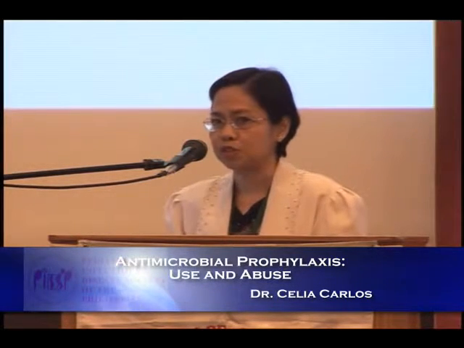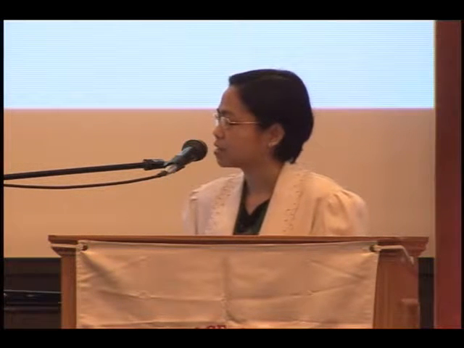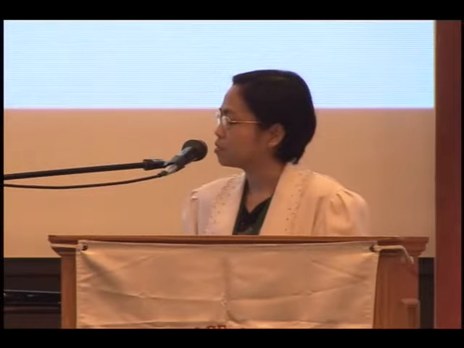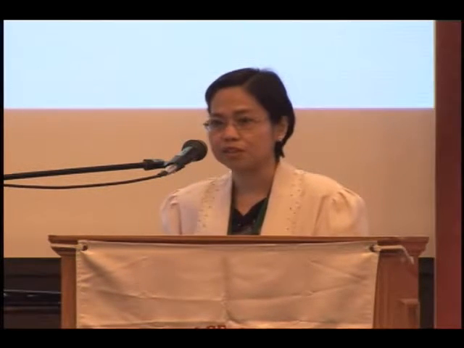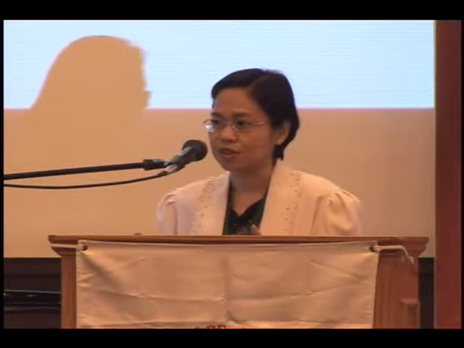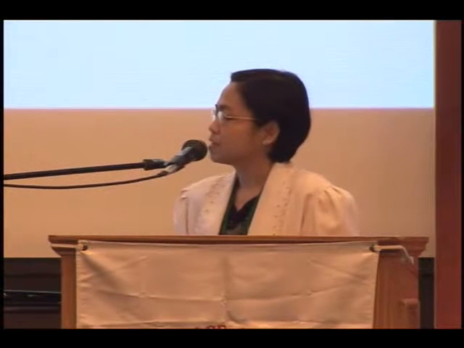So two situations where we are justified in giving antibiotic prophylaxis. It does not apply to those situations in which infection is already established. So when you have an infection, it's no longer defined as prophylaxis. I think it's quite clear.